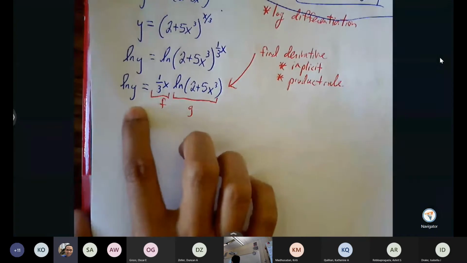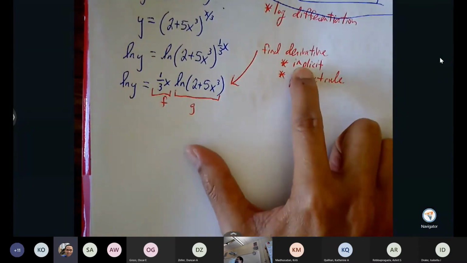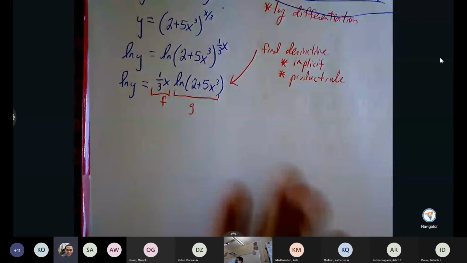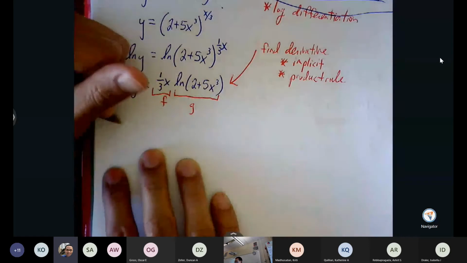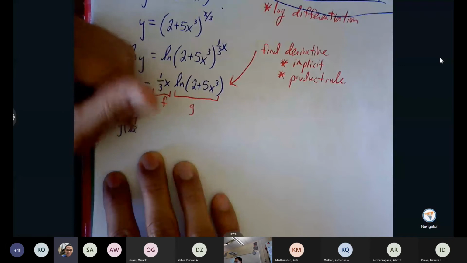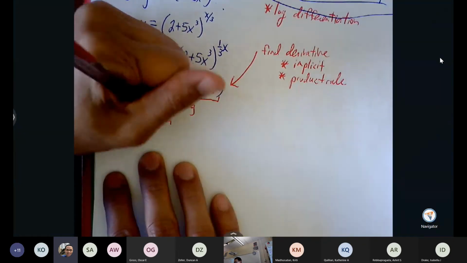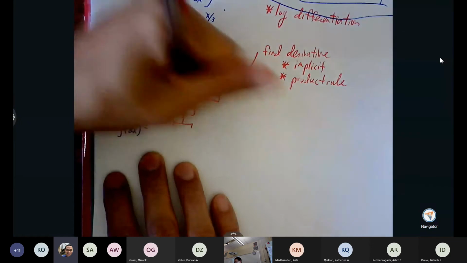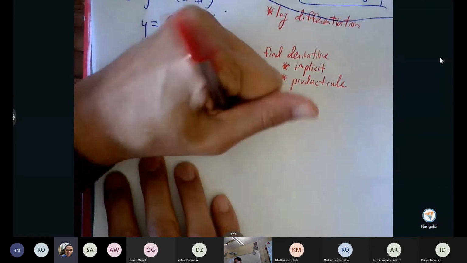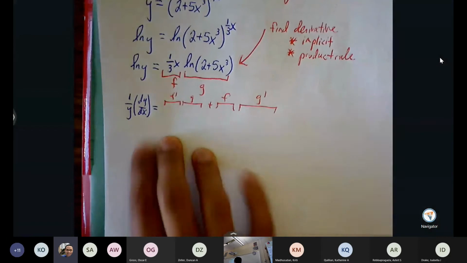Okay, so left side, natural log of y. What does that become? 1 over y, times dy dx, right? u prime over u, so that's 1 over y, but we just took y's derivative, so we need to include that dy dx. We're going to fill in our f prime g plus f g prime.